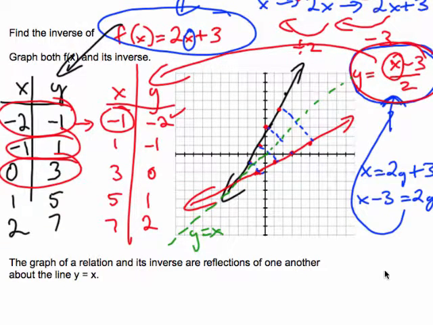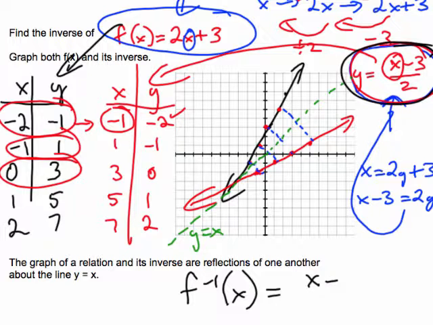By the way, just one more point to note. You'll notice that in this case, my inverse graph is a function. And since that's the case, I often use this notation, f negative 1 of x. It's like f of x, but the negative 1 says it's the inverse of f of x. Okay?